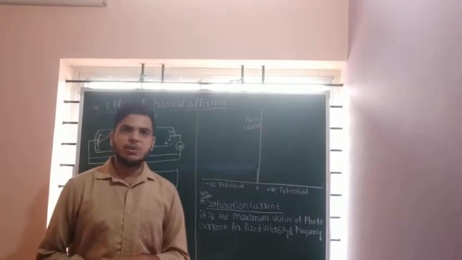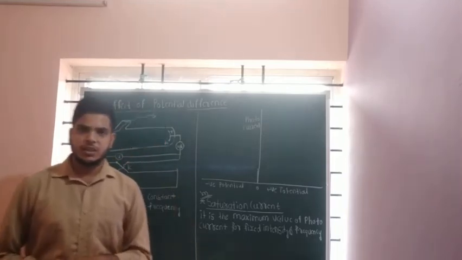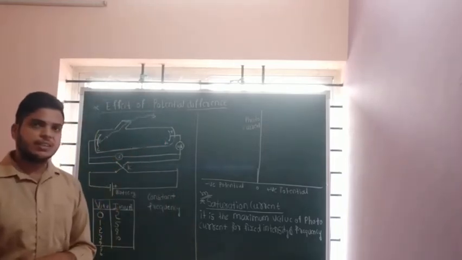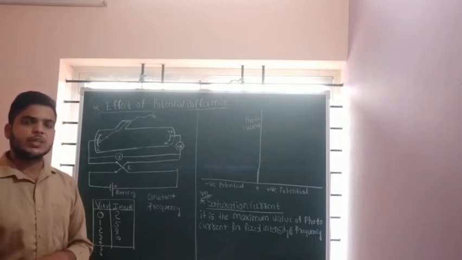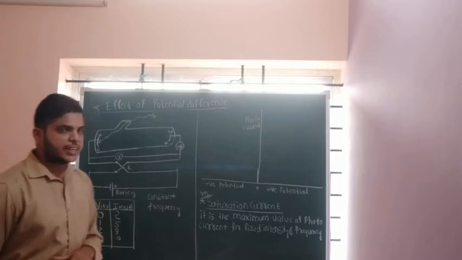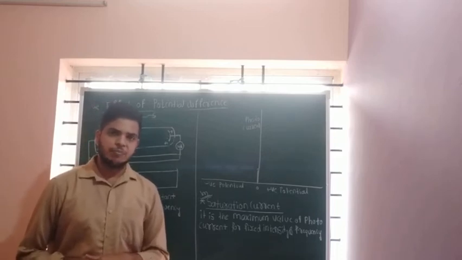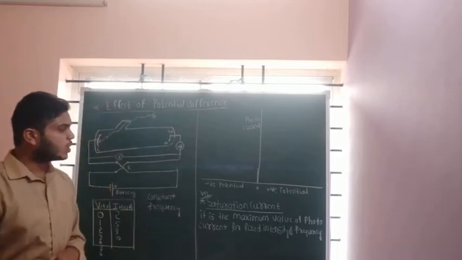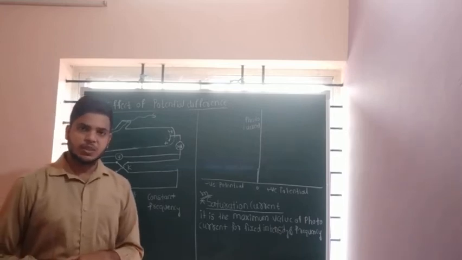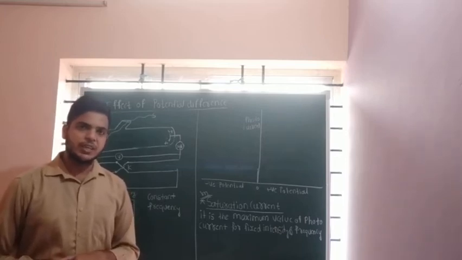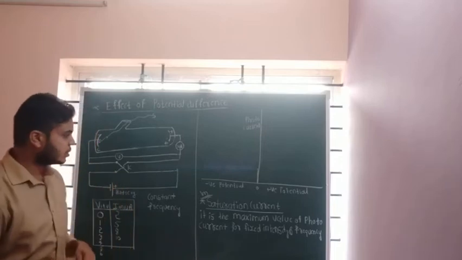Here we have three variables: intensity, frequency and the potential difference. It is very difficult to observe three variables at a time. Therefore, one of the variables must be kept constant out of intensity, frequency and potential difference.